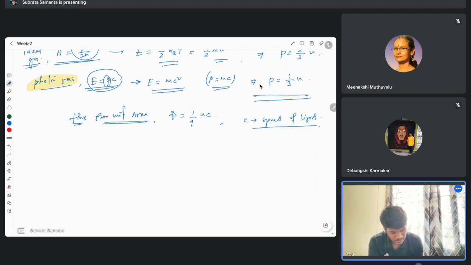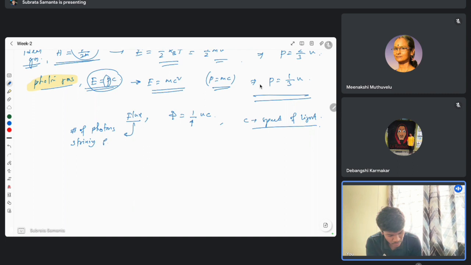So flux means, by definition, the number of photons striking the wall per unit area per unit time.